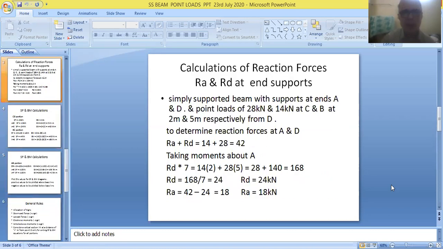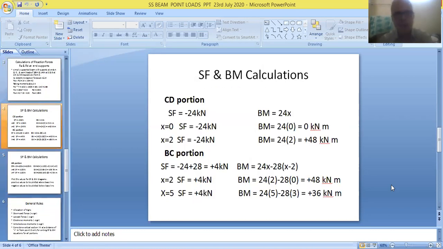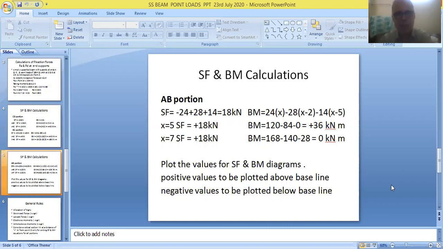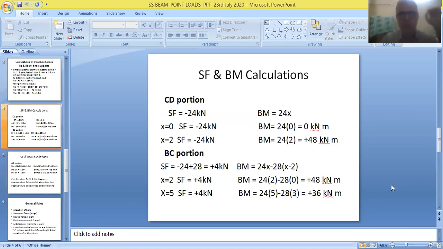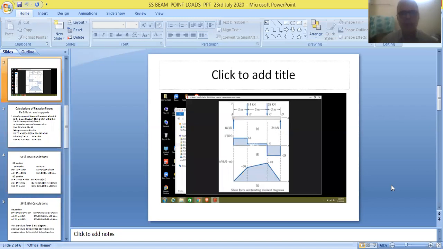So we got the results here. We got the results of CD and BC portions. And these are the results. And we got the results for AB portion. We got SF and BM values for AB portion. So friends, take all these values and prepare these diagrams. Take all the values of shear forces of all the regions and prepare a diagram.